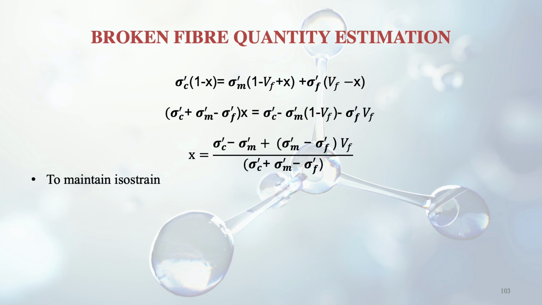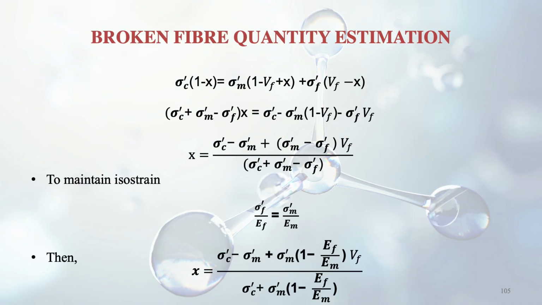To maintain isostrain, we know this is the isostrain condition, so delta will remain the same, so sigma F dash by EF is equal to sigma M dash by EM. Then putting this into the expression of X, we finally get X as sigma C dash minus sigma M dash plus sigma M dash into bracket 1 minus EF by EM bracket close into VF, whole divided by sigma C dash plus sigma M dash bracket open 1 minus EF by EM bracket closed. So this is the final expression for X.